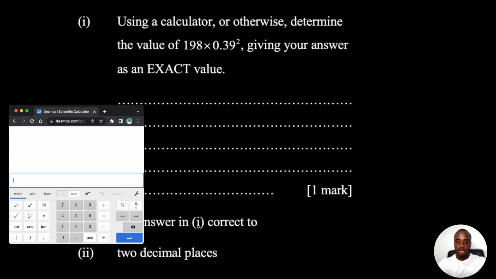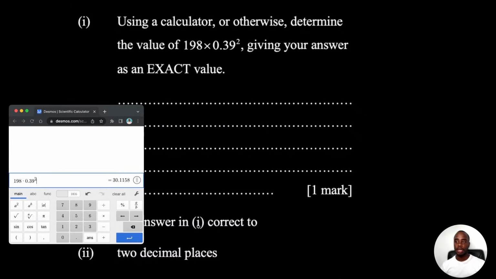This is an online Desmos calculator, so I'm just going to type it in. 198 times 0.39 squared. Or you could just use the square that's beside it there. And that would be 30.1158. So that would be our answer.